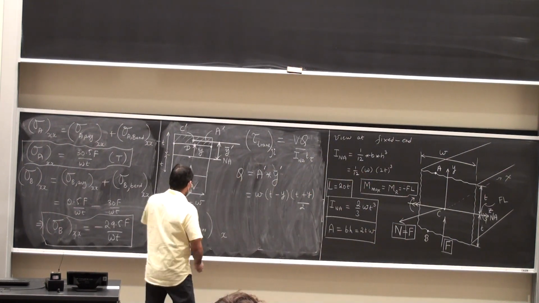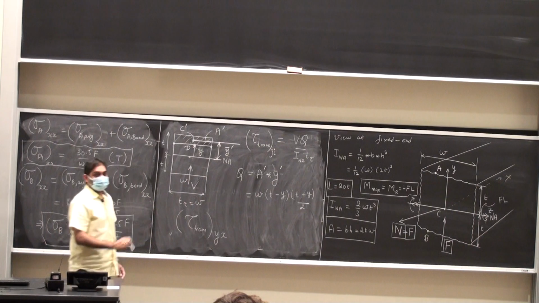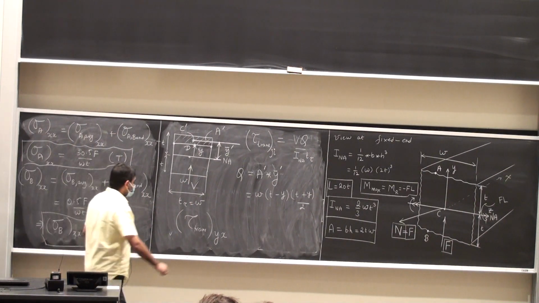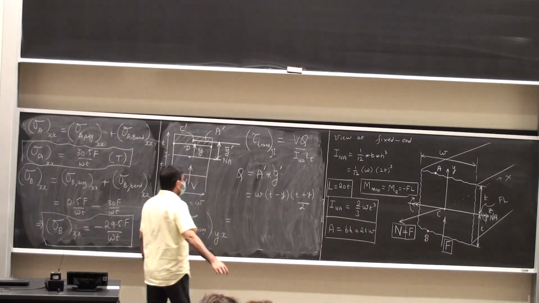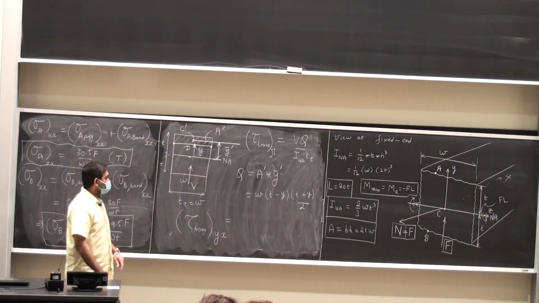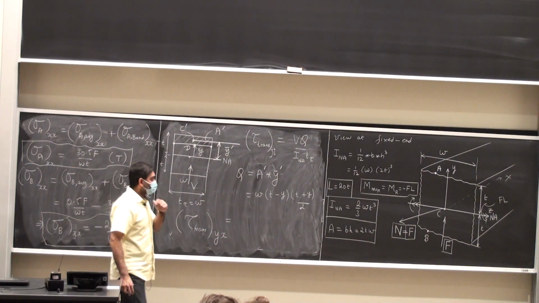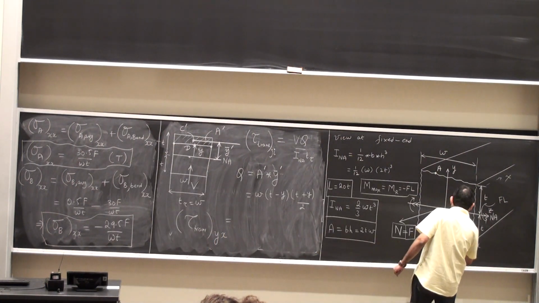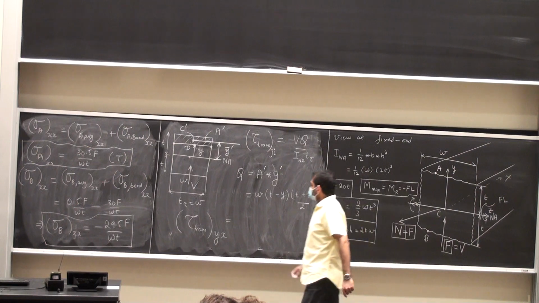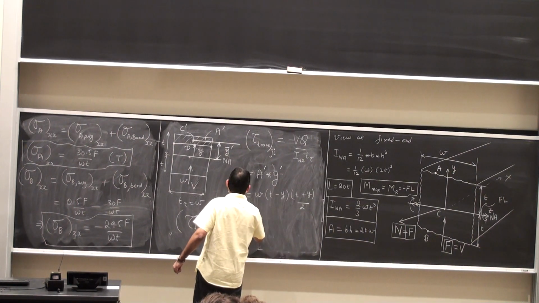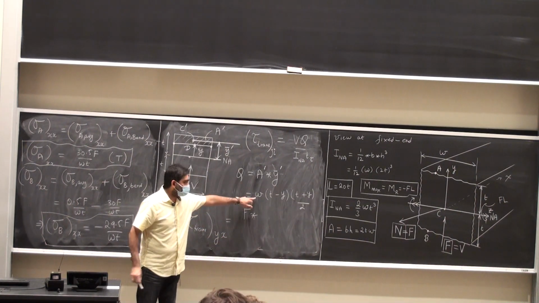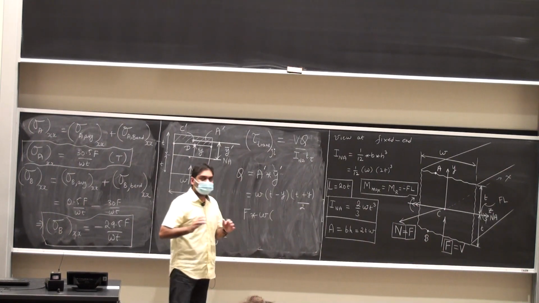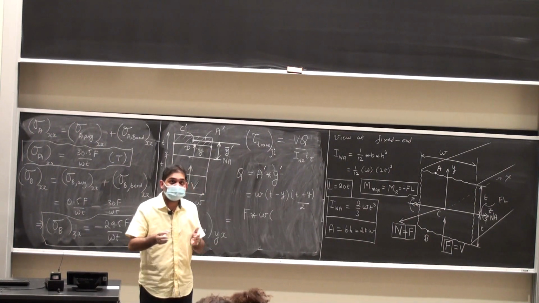Okay, so this is going to be yx. And if I calculate this, this will end up being the following. I'm going to have V, in our case, V is equal to F. This is V. So this is F times W times t minus y times t plus y, which is t square minus y square.